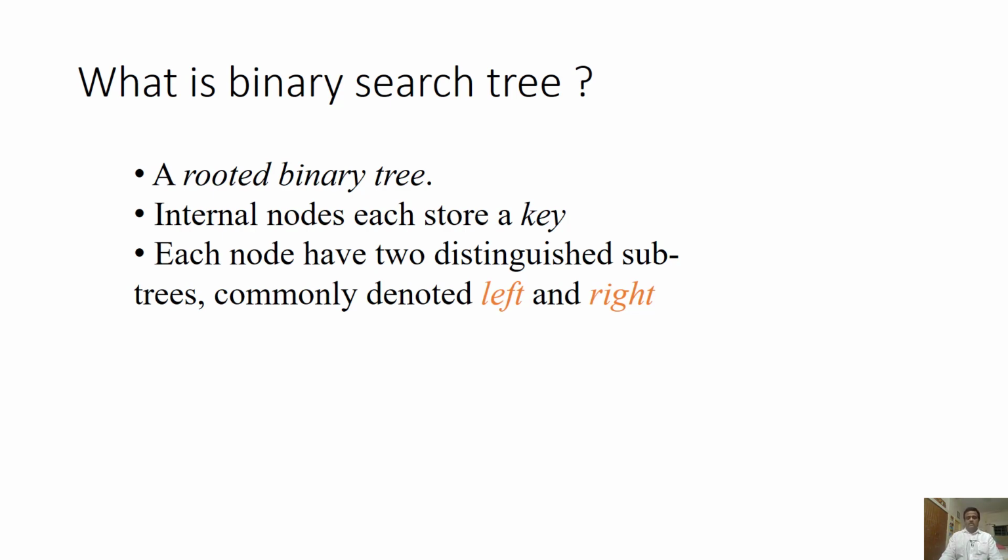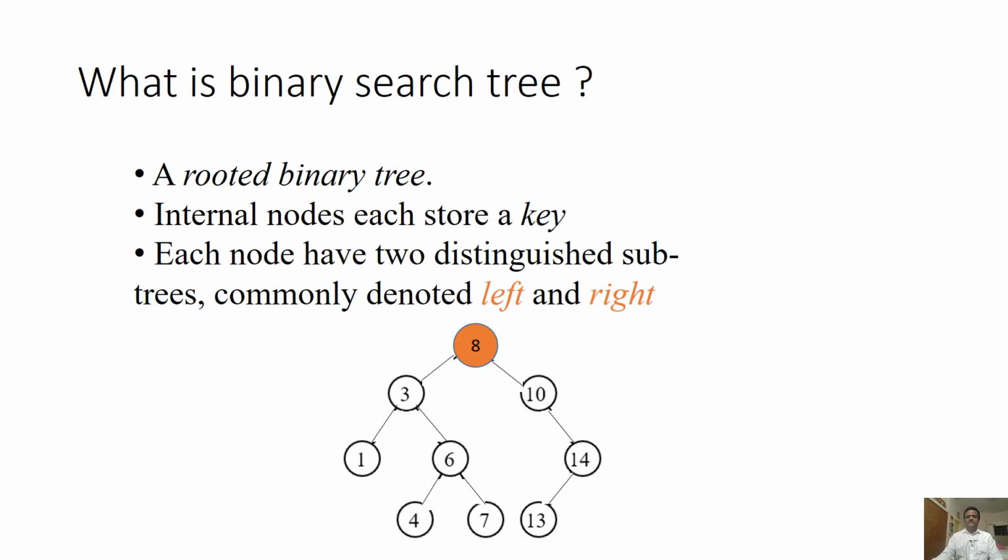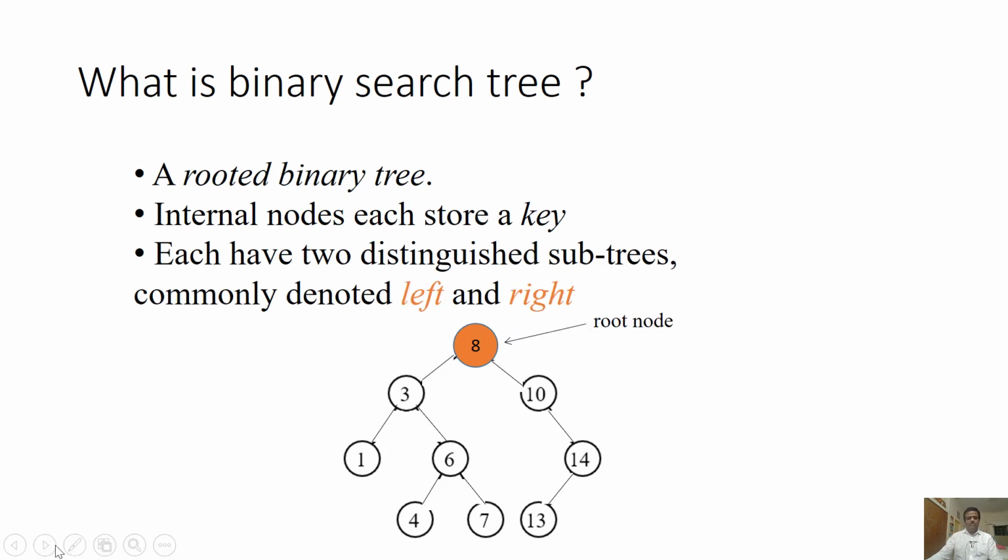Now, this is an example of a binary tree, and this is an example of a binary search tree. So, what do we mean by search tree? The search property is this: if we consider any node, say this node, this is the left subtree, this is the root node, and this is the right subtree.